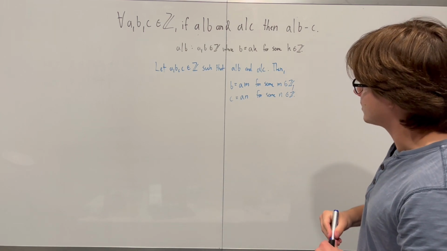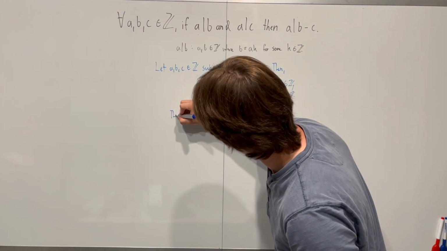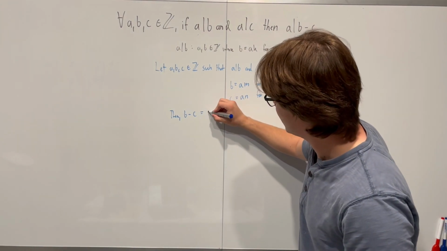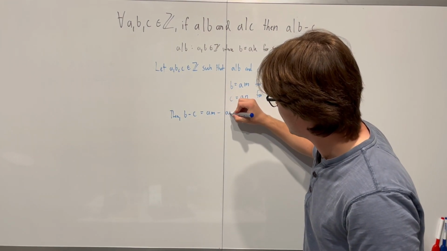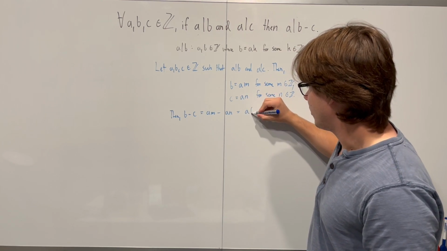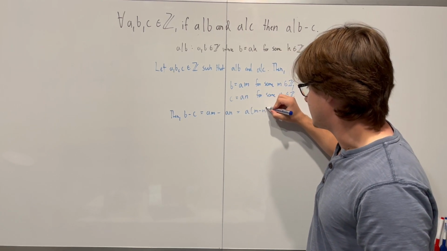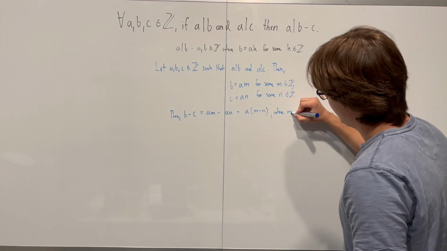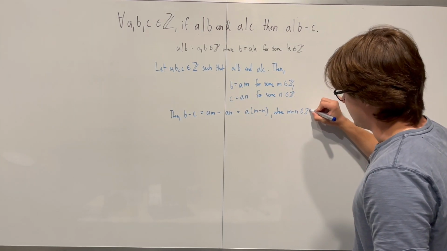So we can then ask ourselves, okay, b minus c is going to be the same as am minus an, which is going to be the same as a multiplied by m minus n. Okay, and this is where we can acknowledge that m minus n is an integer.